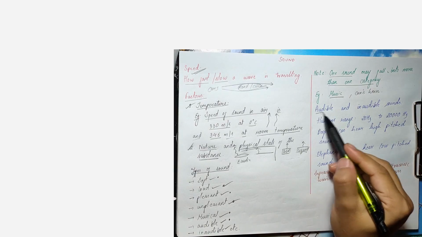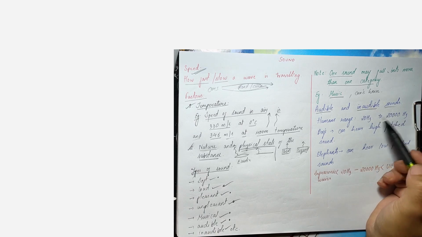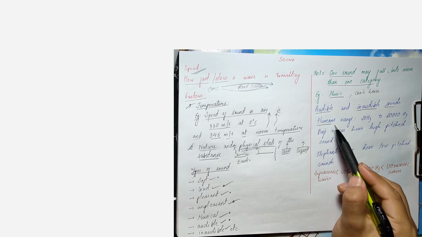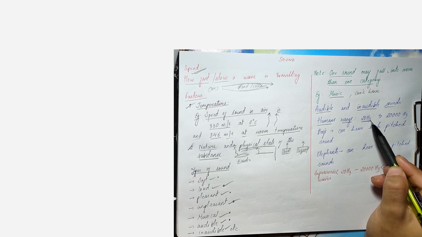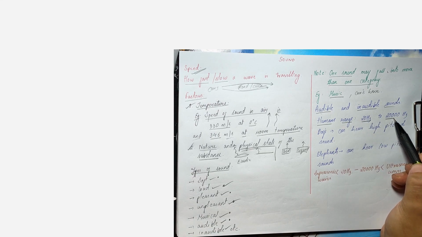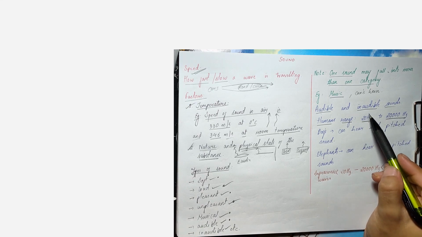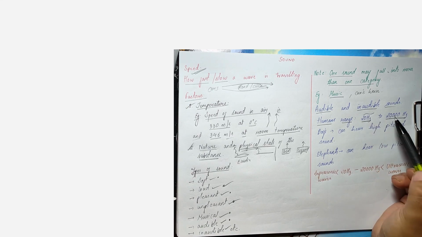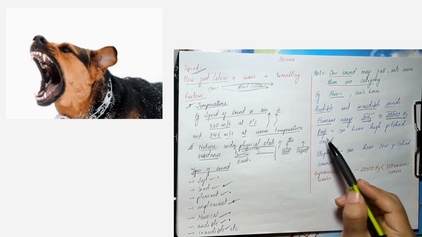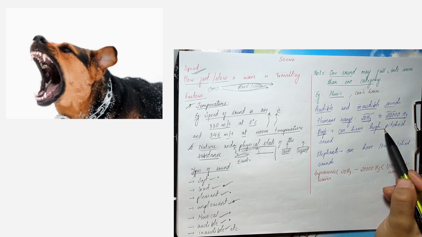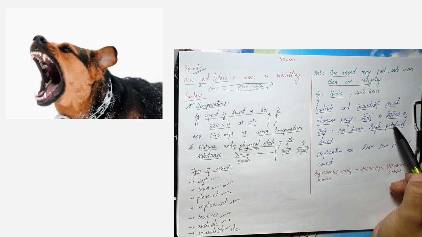Let us discuss audible and inaudible sounds. Now humans' range of listening is within 20 hertz to 20,000 hertz. So any frequency which is between 20 hertz and 20,000 hertz, we humans can hear it. Now dogs can hear high pitched sound, means frequency which is above this.